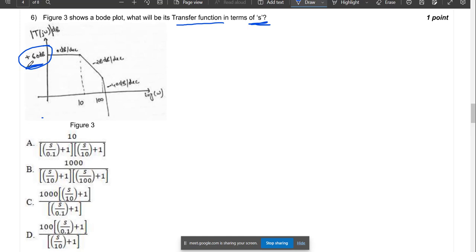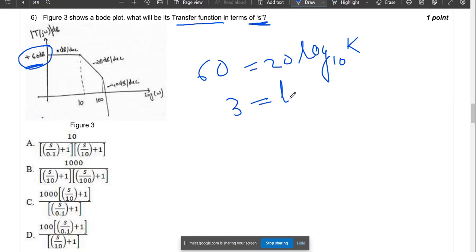So first try to convert this: 60 equals 20 log base 10 k. Here you get 3 equals log 10 k. So k here is 1000.